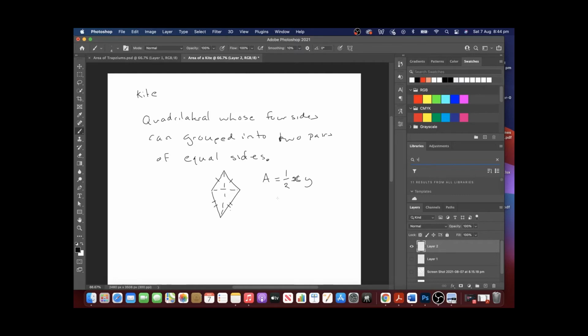And we remember that what this actually means is that area equals half times x times y. Or another way of thinking about it is that the area of a kite is equal to half times the product of its diagonals.